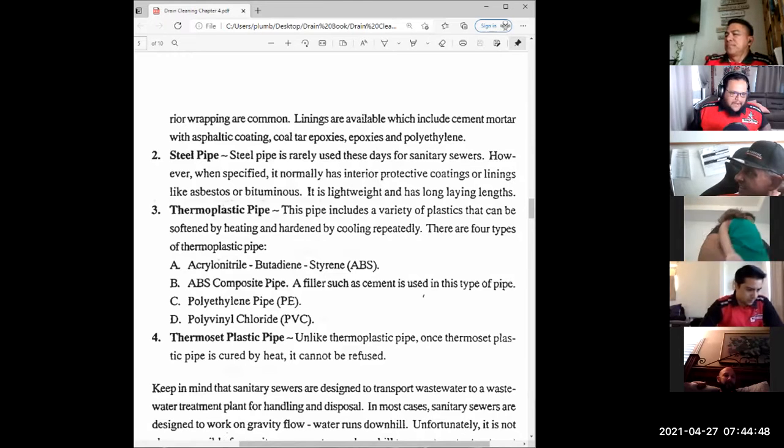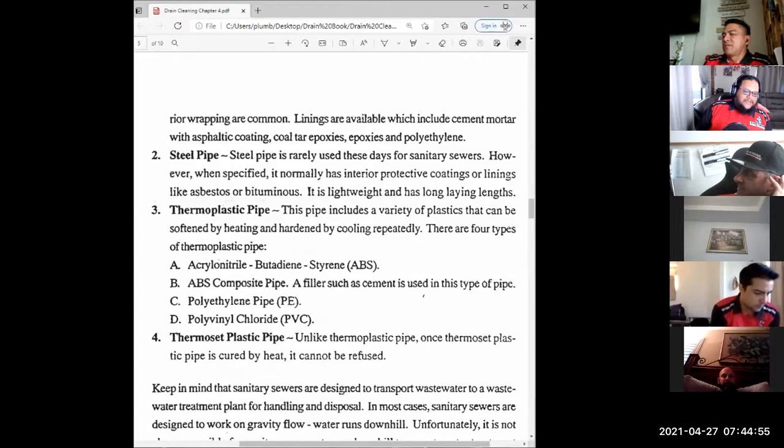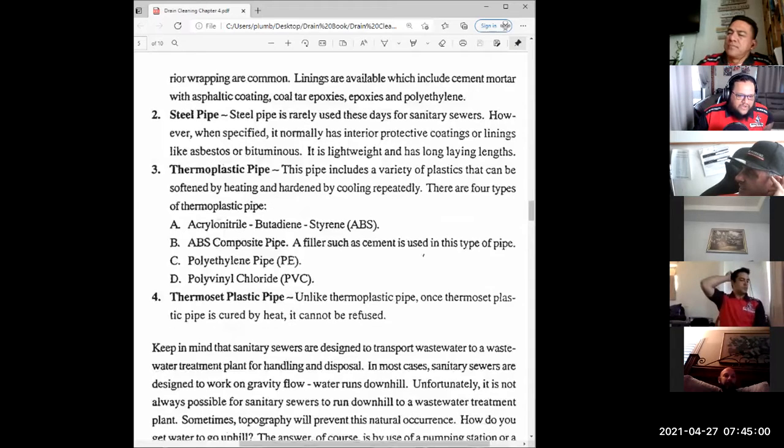Thermoset plastic pipe, unlike thermoplastic pipe, once cured by heat, cannot be refused, meaning it can't be reconnected.